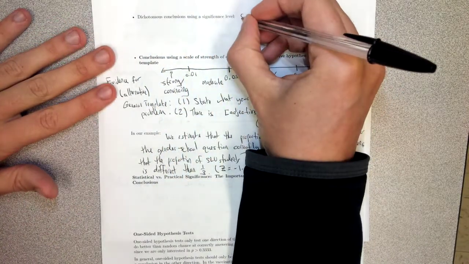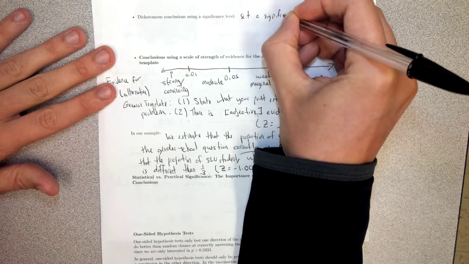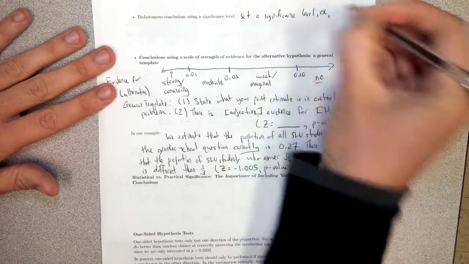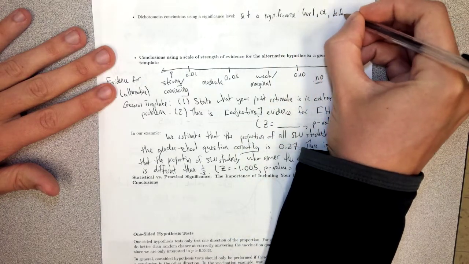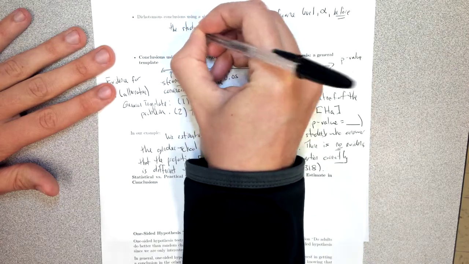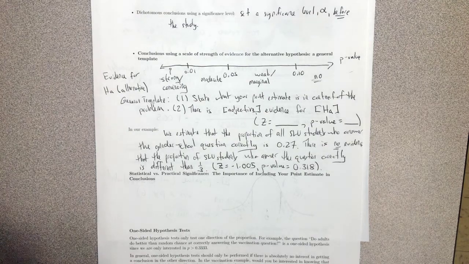What's done here is that you set a significance level. So that was our alpha. And you usually set this before the study even takes place, so that's set and ready to go before you even collect data.